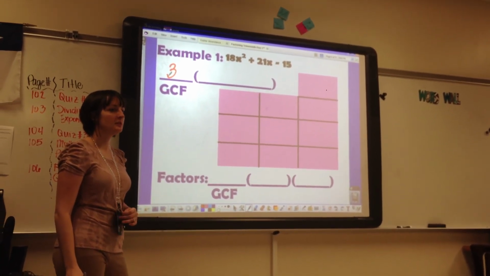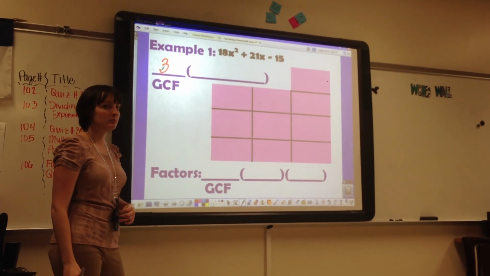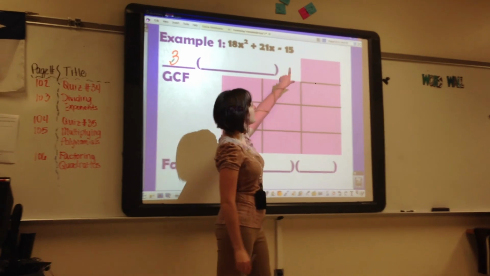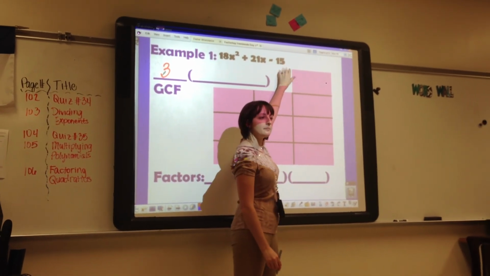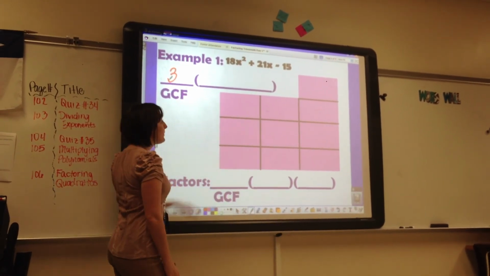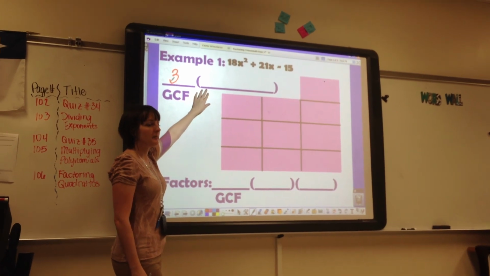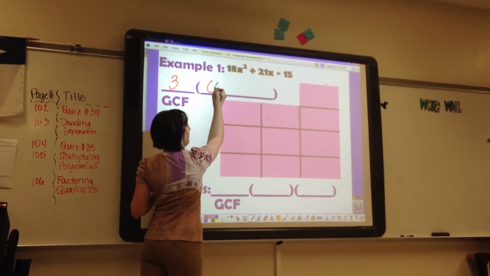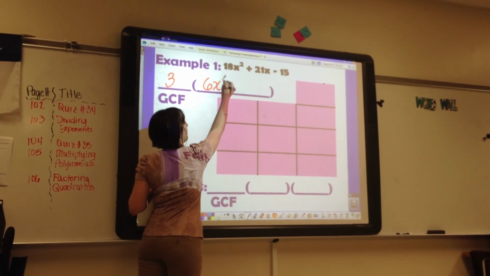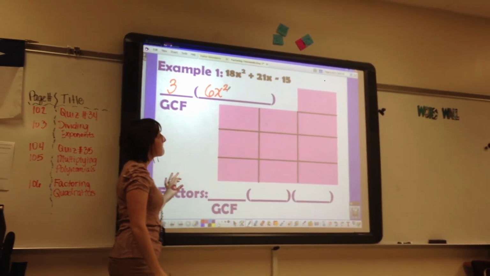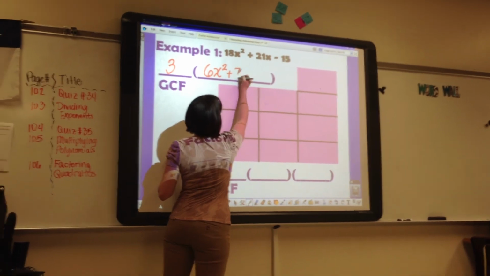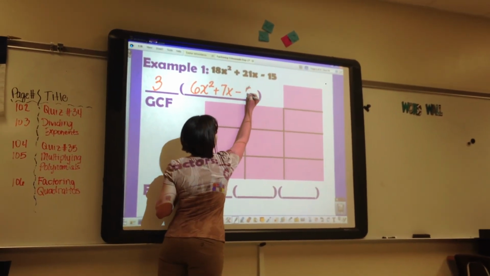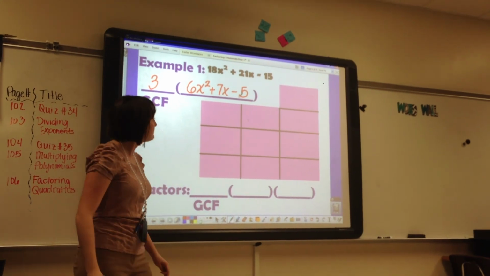Yes, x doesn't work because 15 doesn't have an x. Okay, so what's left when we take out a 3? Plus 7x and? Good job.